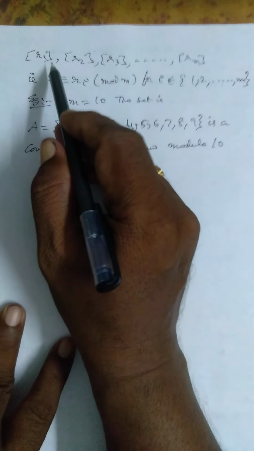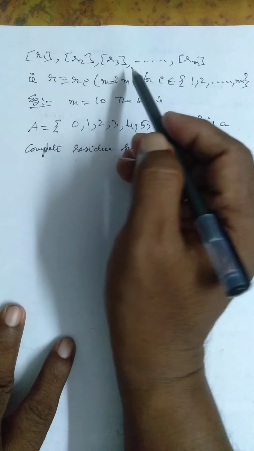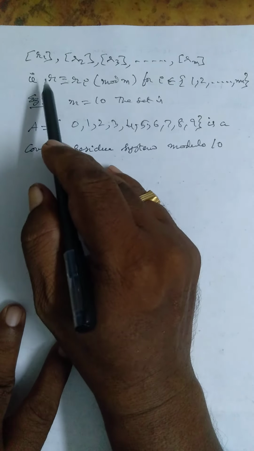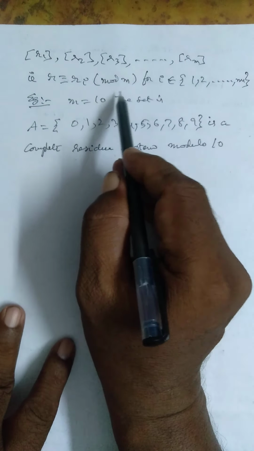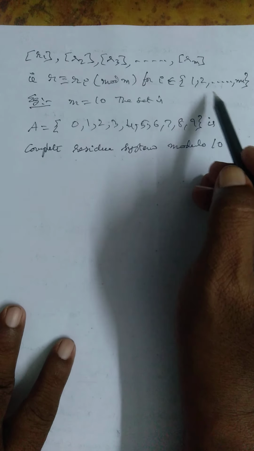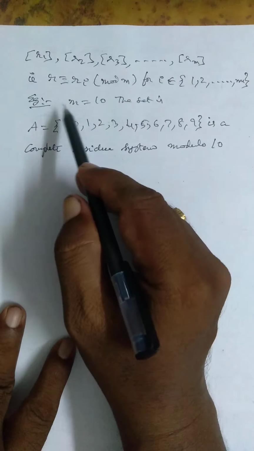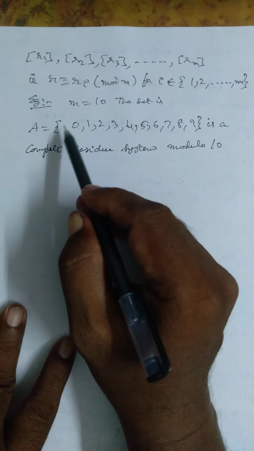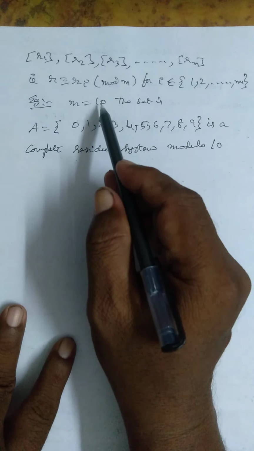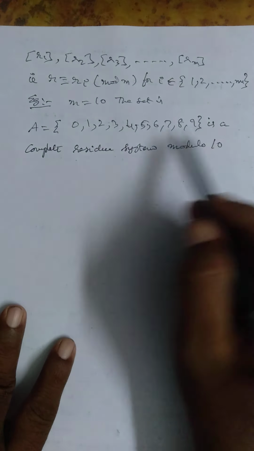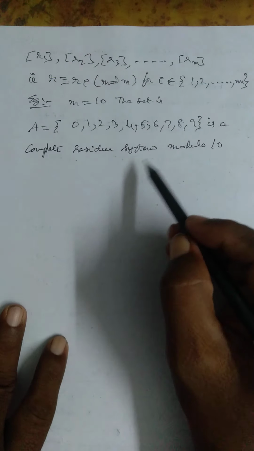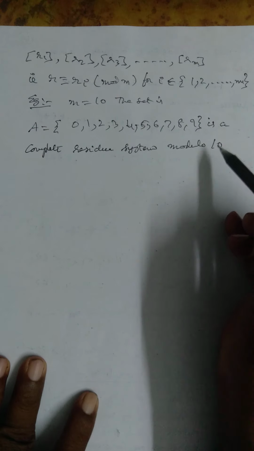So bracket r1, bracket r2, bracket r3, and so on, bracket rm. For example, m is equal to 10, the set starting from 0 up to 9, we get 10, is a complete residue system modulo 10.